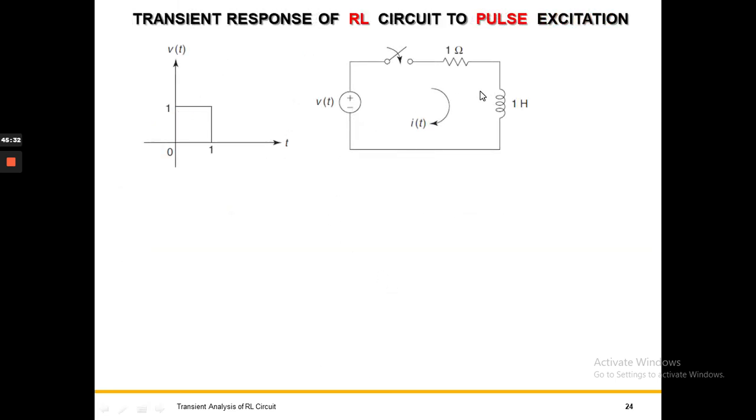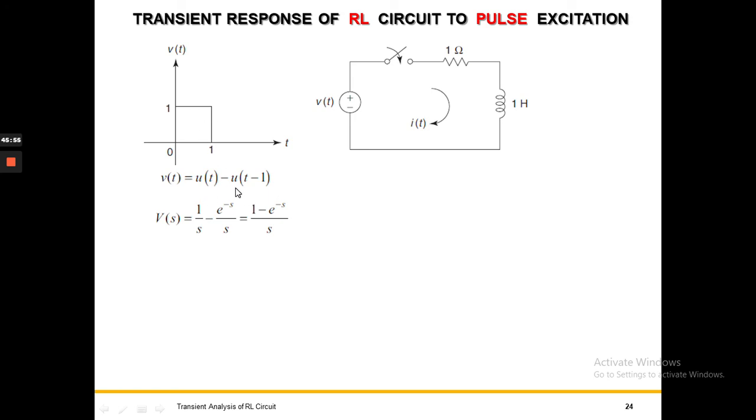Then you will have the input as a pulse. A unit pulse has unit amplitude for a unit period. A unit pulse can be represented as the difference between a unit step function and a shifted unit step function.